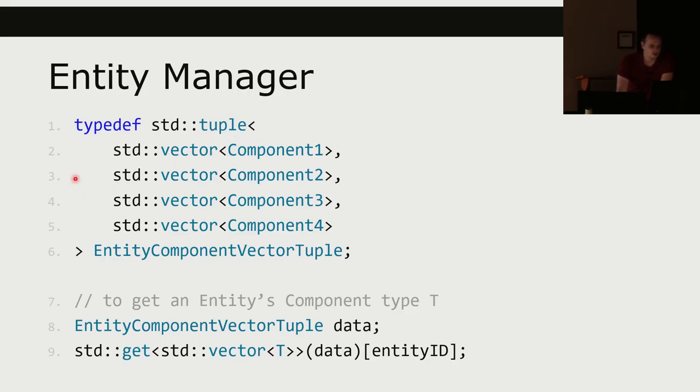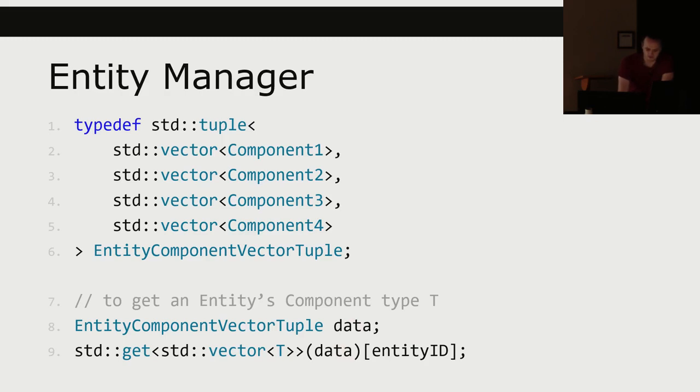So that will say, oh, I want the transform component. So it will get the vector of transforms from this tuple in constant time, essentially. And then of data, so that's where the data is. And then that's a vector, and we look that vector up by the entity ID. So that's how we get it.